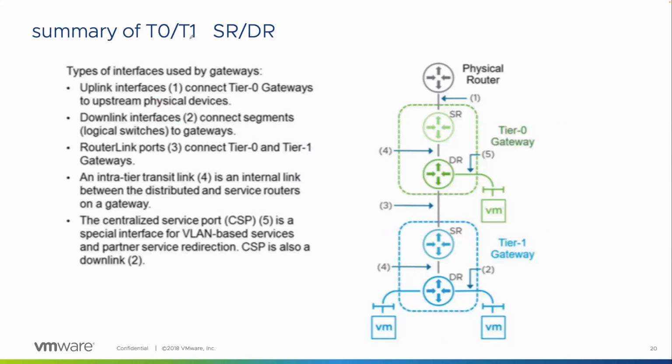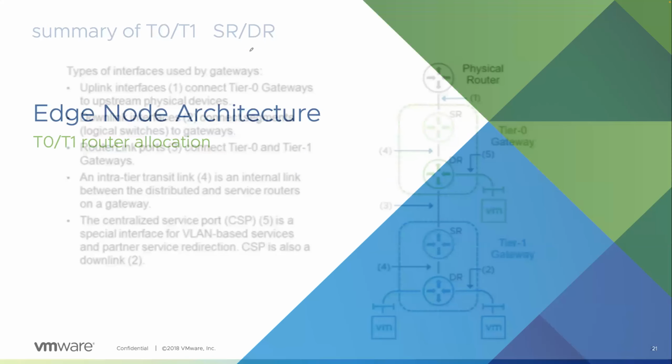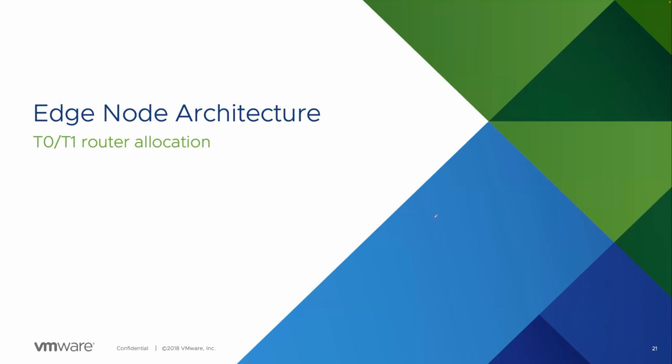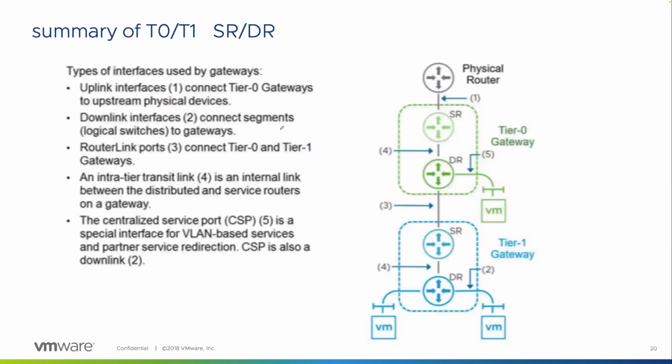So here's a summary for T1, T0, and SR. Just remember that T0 has its own SR and DR, T1 also has its own SR and DR. So let's say we have a two-tier topology, so there's a diagram for the SR DR distribution.